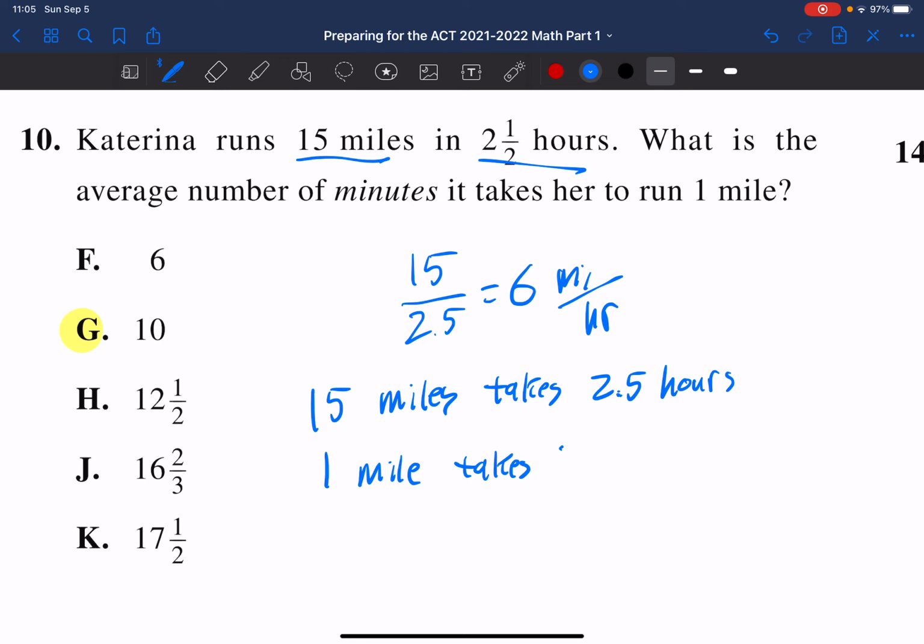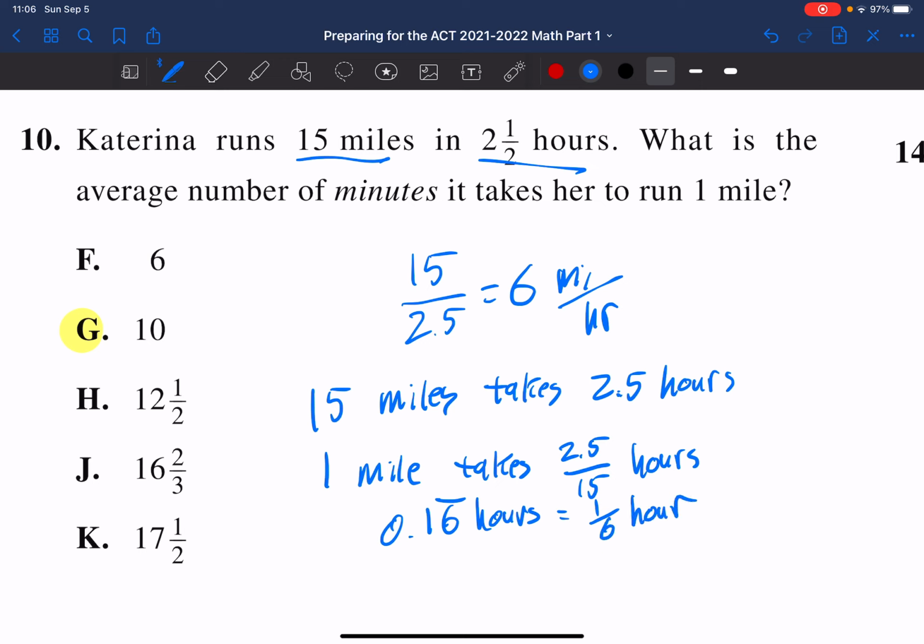Well, we'll just take 2.5 divided by 15. And when we do that, we get 0.16 repeating hours. Now that is actually a fraction. That is actually 1/6 of an hour.